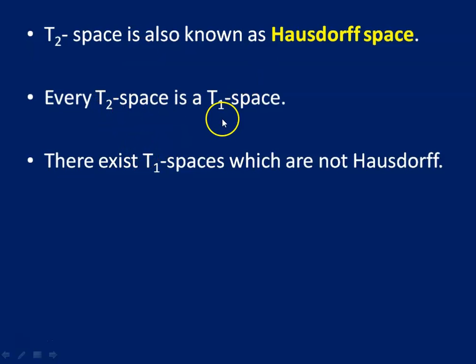Since every T2 space is T1, we can find some T1 spaces which are not T2. So there exist T1 spaces which are not Hausdorff, or not T2. We will see one example in this lecture itself, which is a T1 space but not a T2 space.